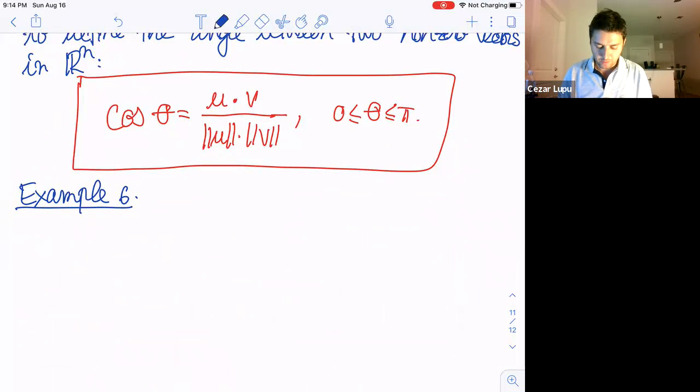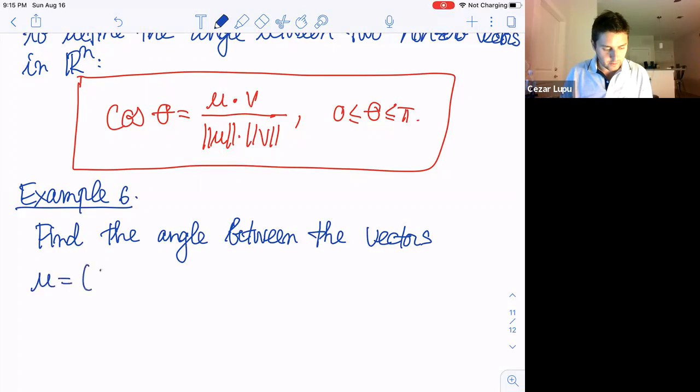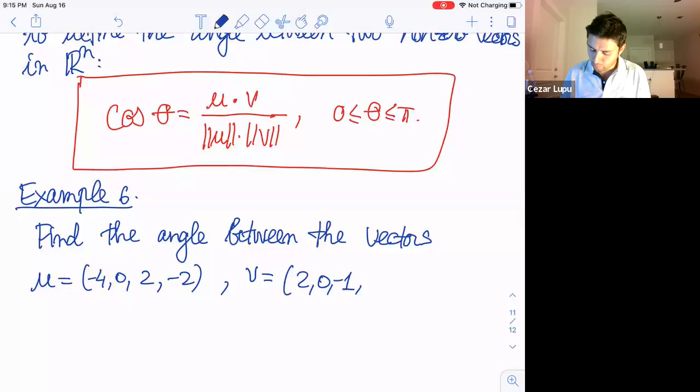Let's say find the angle between vectors, and we'll deal with the following two vectors in R4. The first one, u, is 4, -4, 0, 2, -2, and v will be 2, 0, 1, -1, 1. Okay, these two vectors.